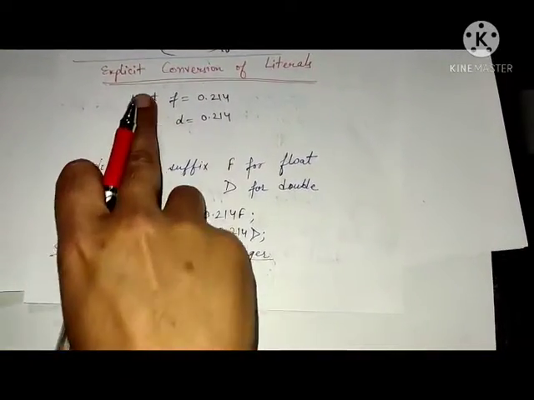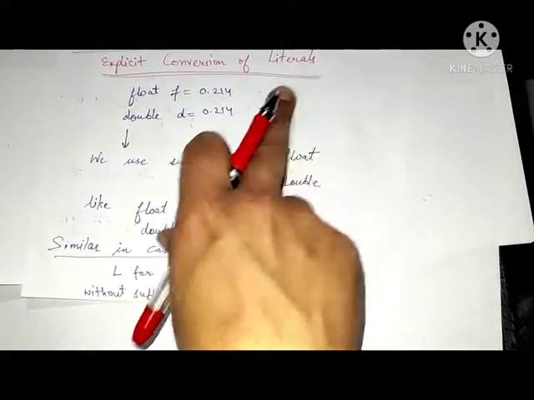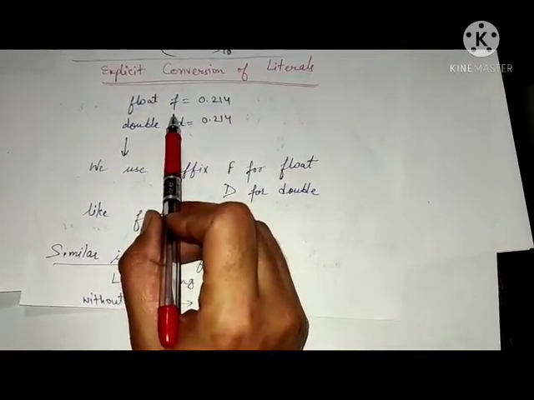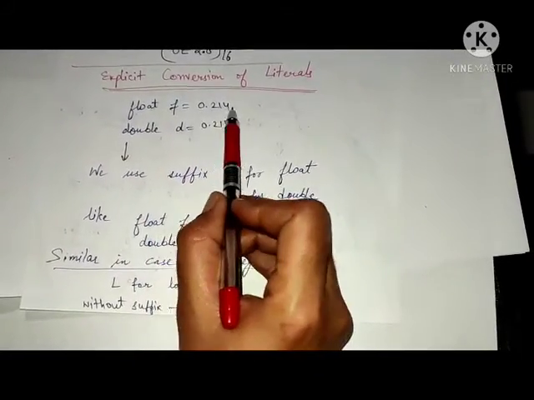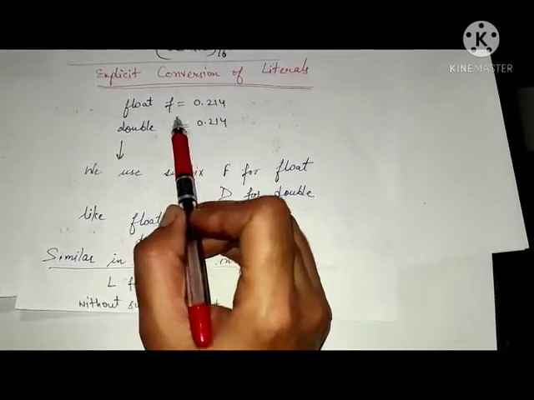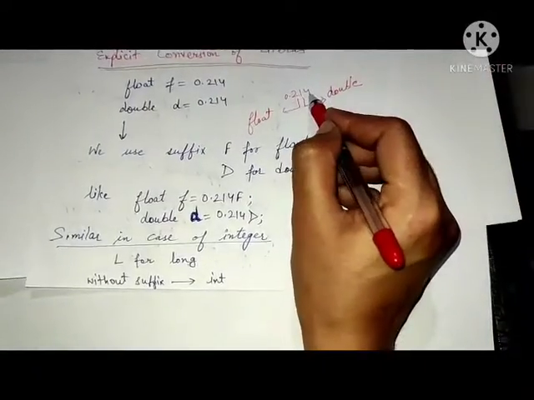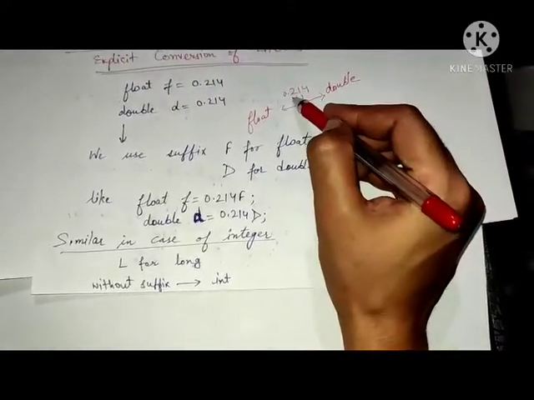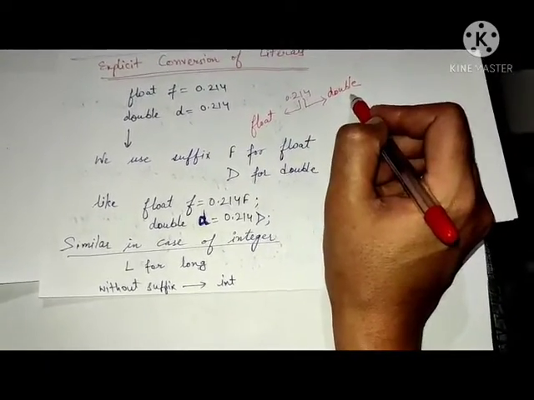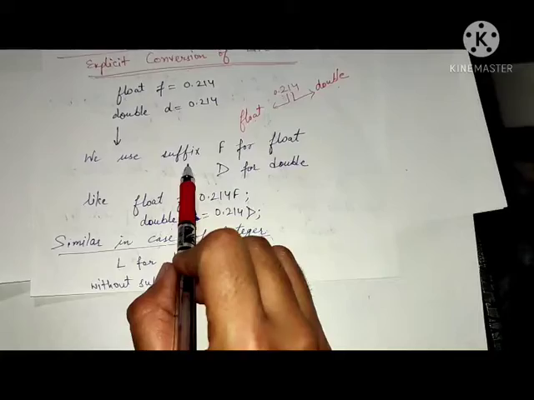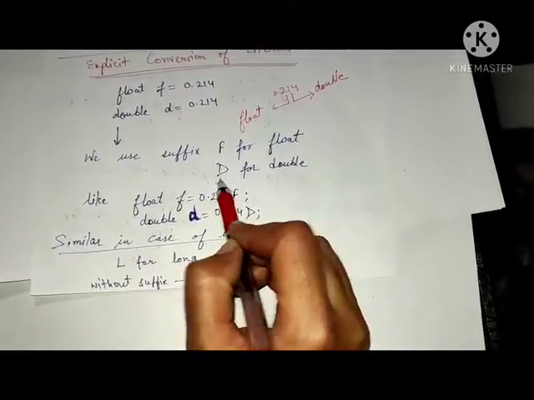Now next is explicit conversion of literals or constants. For example, if we have two variables, f of float type and d of double type, and we want to store the same constant value in these variables, how can we identify which 0.214 is of float data type and which 0.214 is the constant of double data type? For that we use a suffix after the constant. F is for float and D is for double.